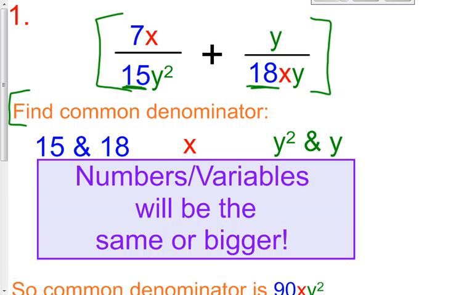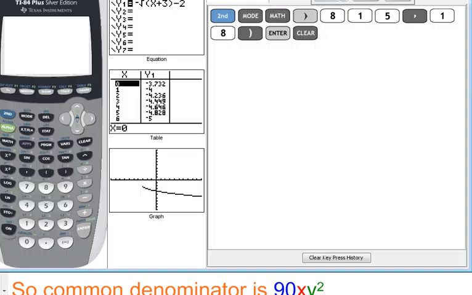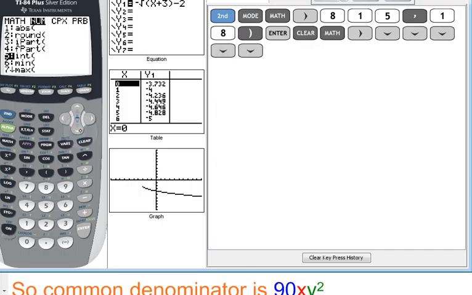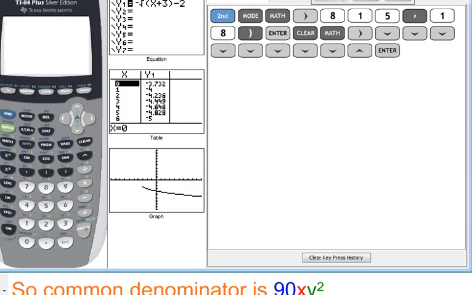You can definitely do this with mental math, but if you want to use your calculator, you can do that. It says in your notes how you do that. Go to your calculator and press Math. Scroll over one to NUM, which stands for number. Then scroll down, or you can just press number 8. Number 8 is LCM, which stands for least common multiple.